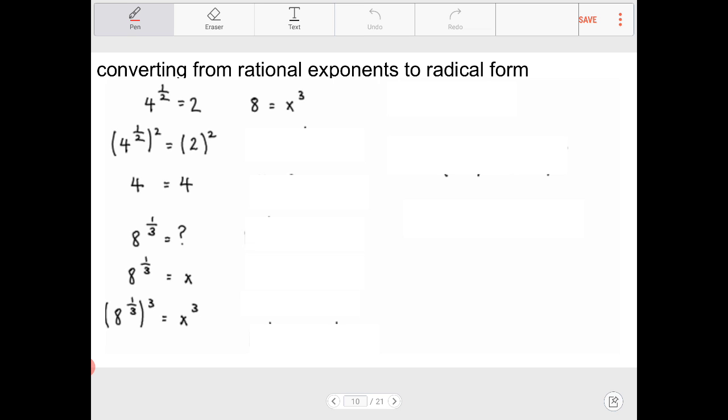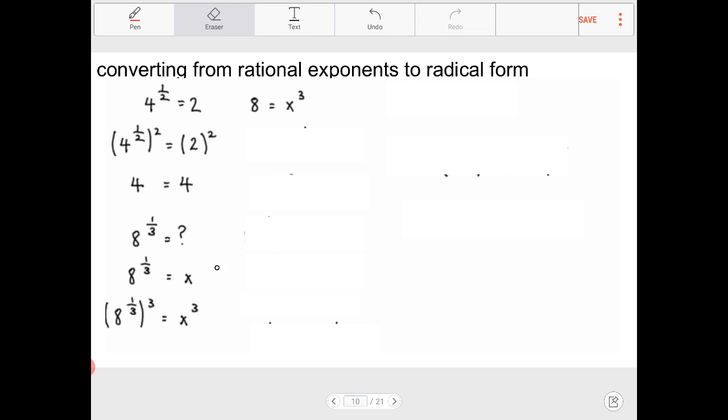And what is this translating to? Let's try to interpret what this is saying. This is saying, what number, when multiplied by itself 3 times, gets us 8? That's what this is asking us to do. That's what this all translates to.